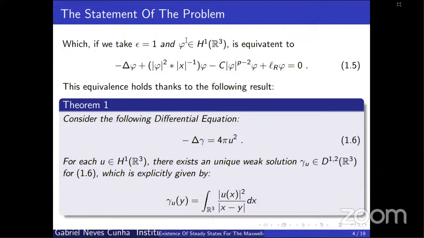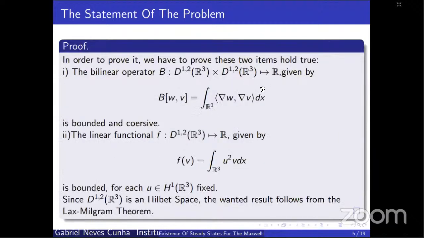So I'm going to briefly talk about the weak solution, very briefly now. If we multiply this PDE by a function v on the Sobolev space and integrate using the Green formula, we get this expression here.